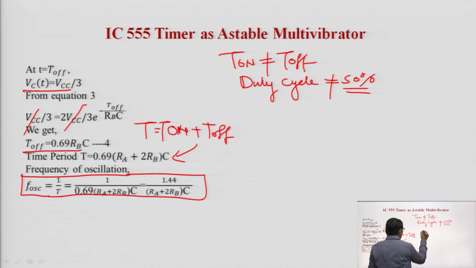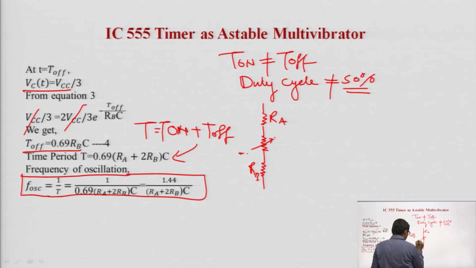We put this as Ra, here we put the potentiometer, and this will be the Rb, here we put the diode, and this is the external capacitor.